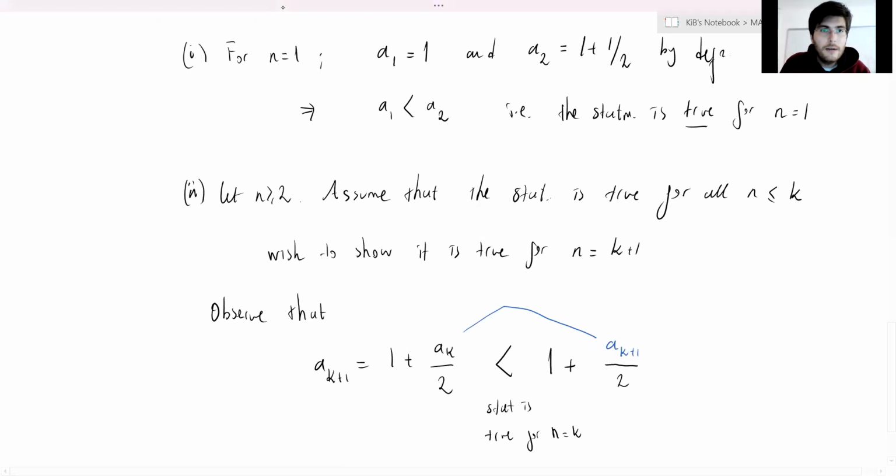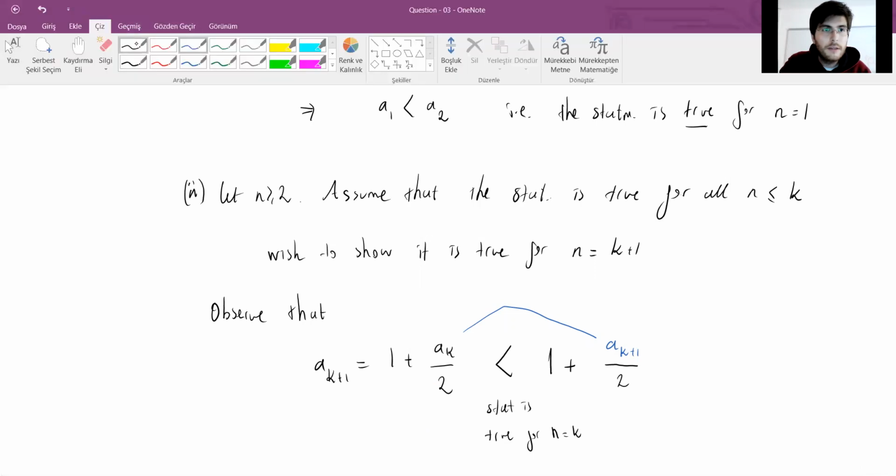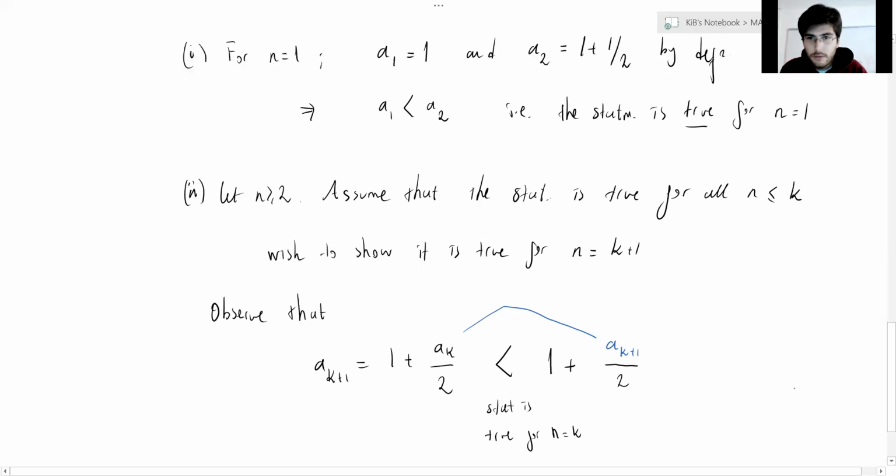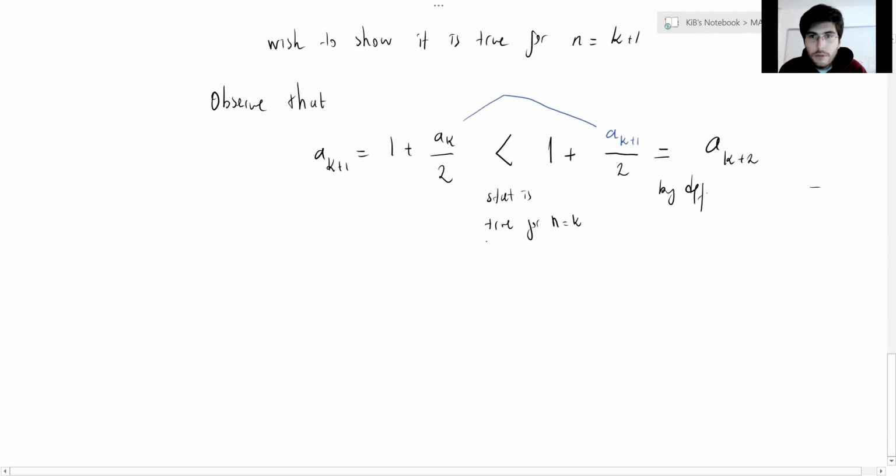But if you look carefully, just a second. This is just by definition. This is just the definition of a_{k+2}. So what you have in total is a_{k+1} is less than a_{k+2}.